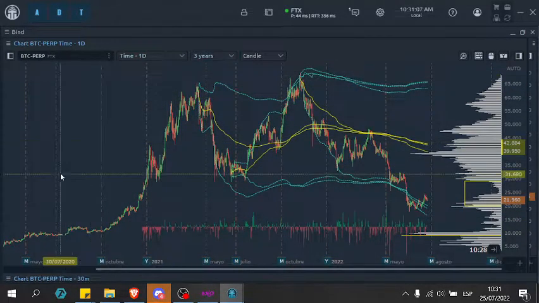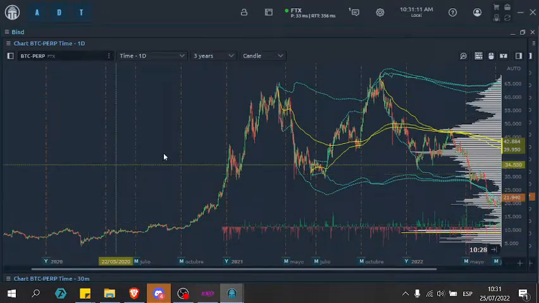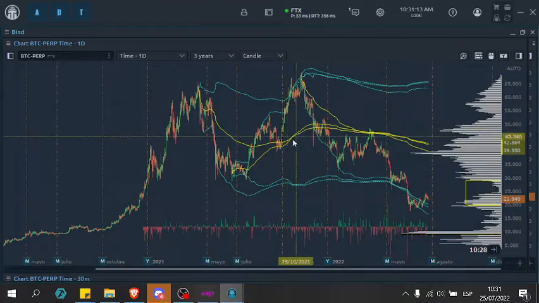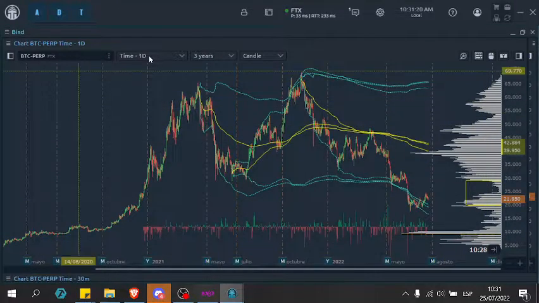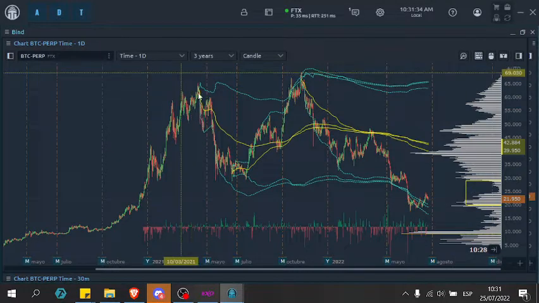It has loaded 3 years, which is more than enough to see BTC below 10k and BTC up to the 2 all-time highs. It has attached a volume profile of the whole period on the history of trading in FTX. This is an FTX connection, which to me is okay. We don't need to be as precise when it comes to context. We need to more or less delineate the areas where we want to interact with the market.